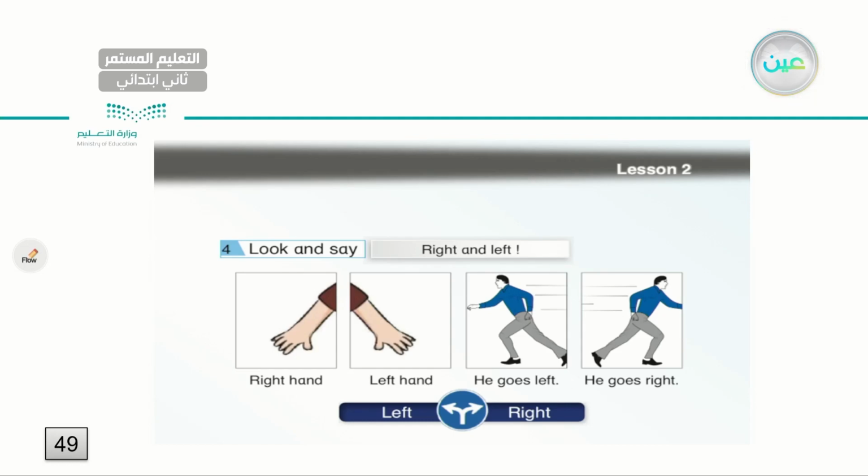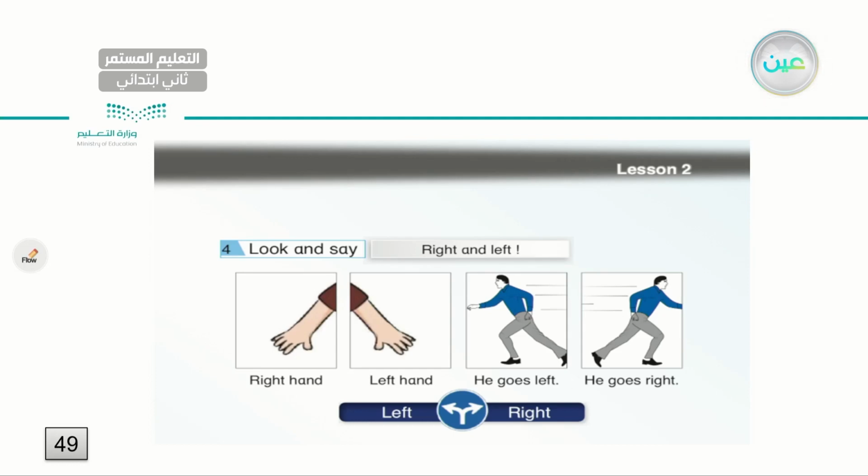The first arm, he's waving with his right hand or right arm. Very good. So I have right hand. Right next to it, I have left hand or left arm. Okay, that's the difference between right and left.